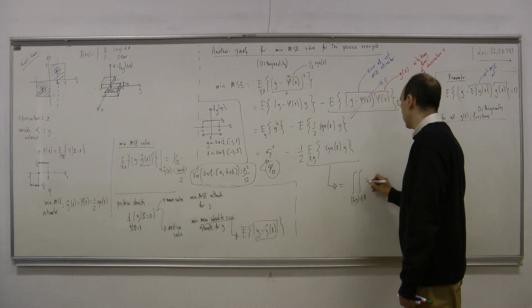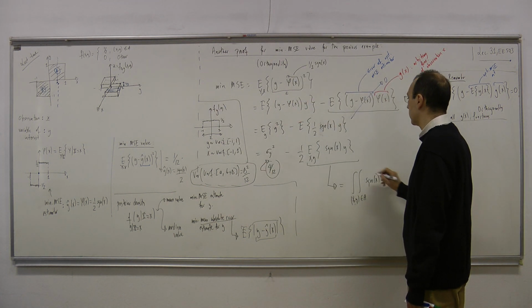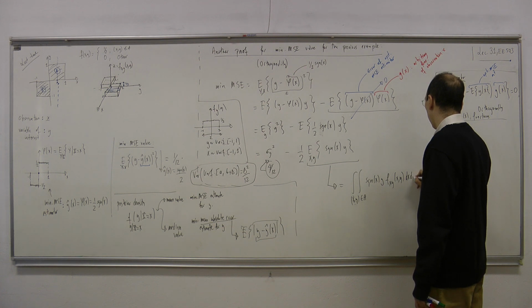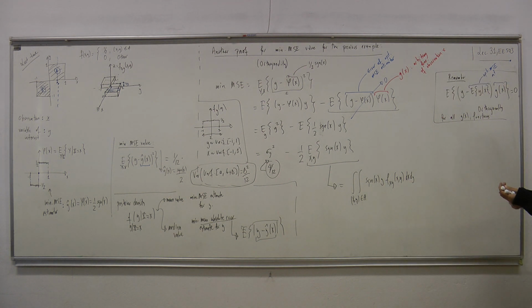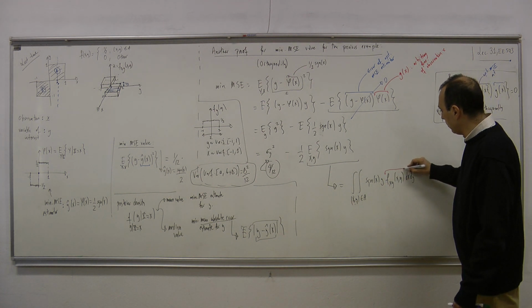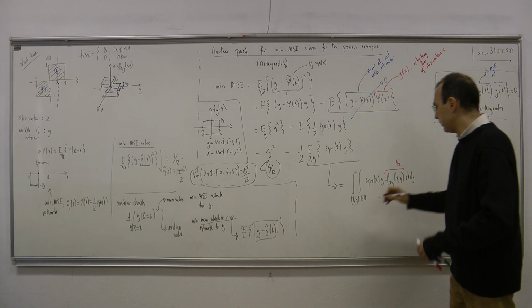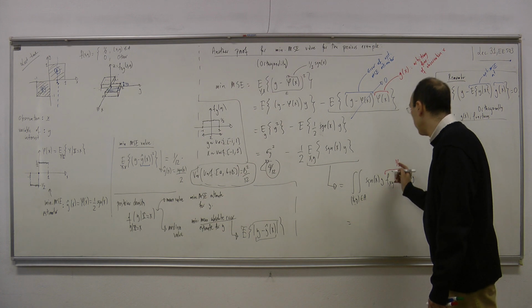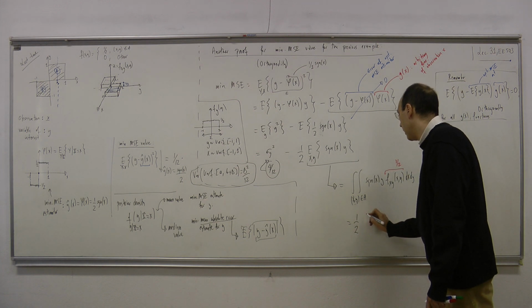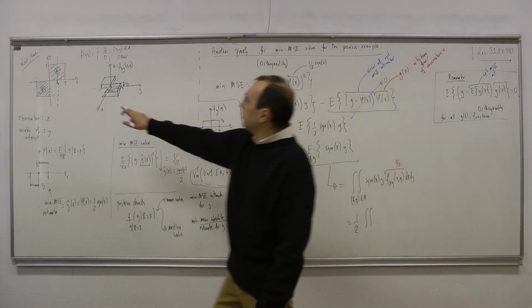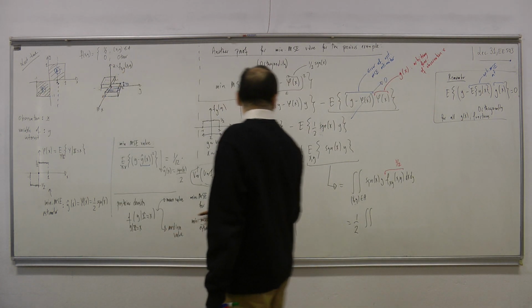My function is signum of x times y times f of xy, dx dy. But over this area, the density is equal to 1/2. Let me move this 1/2 over here. Then I have two pieces, piece 1 and piece 2.